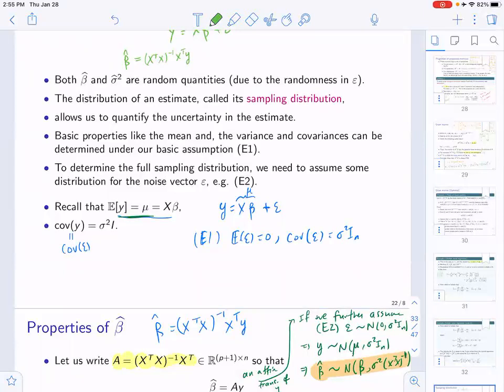Some of the basic properties, for example the mean and the covariance matrix, we can derive under the E1 condition, if you recall, which doesn't require any distributional assumption. Some of them require E2, which is the Gaussianity, or normal distribution assumption.